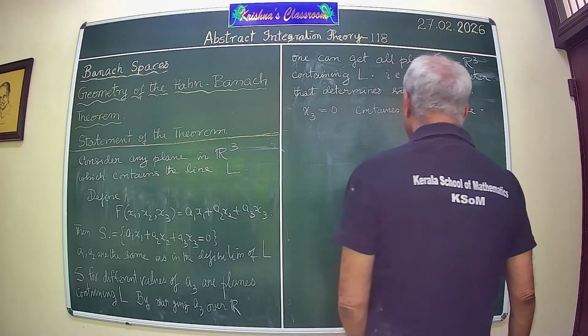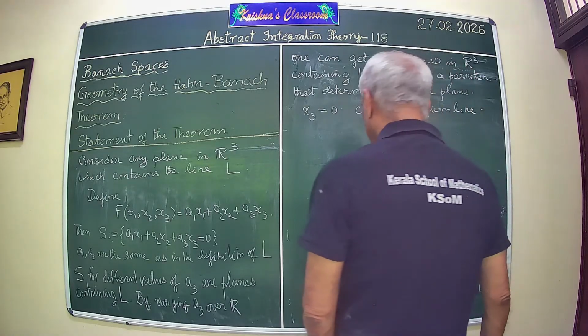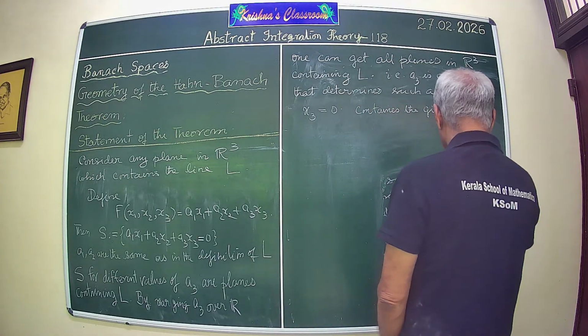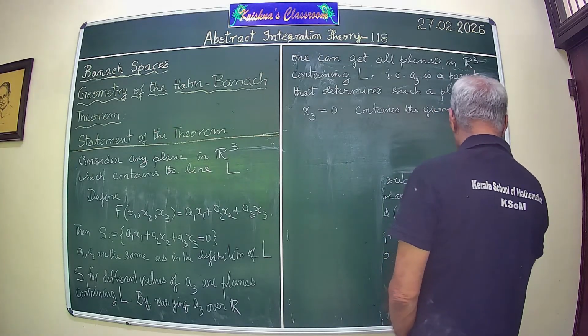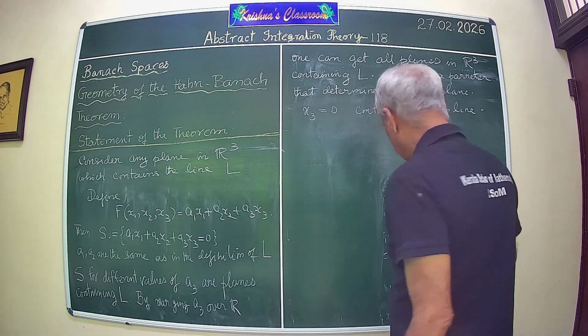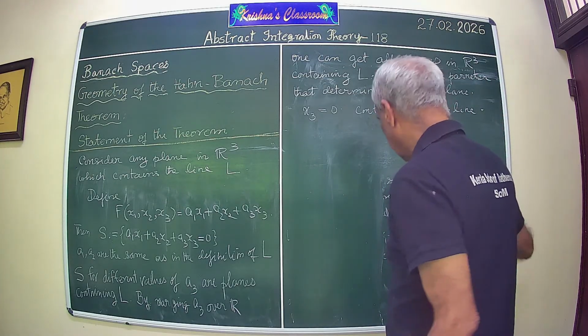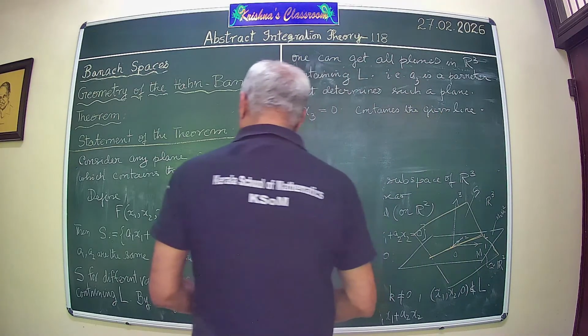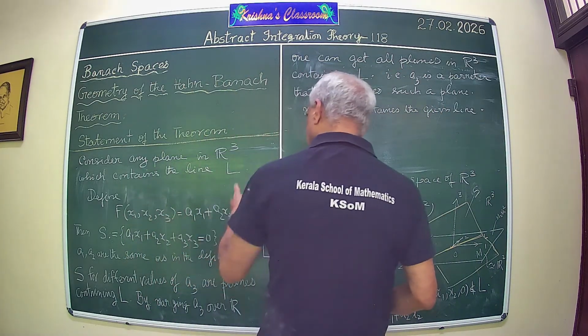So by choosing a1, a2 equal to 0, you get the plane x3 equal to 0, that is the two-dimensional plane that contains the line. Now define this. Okay, right.